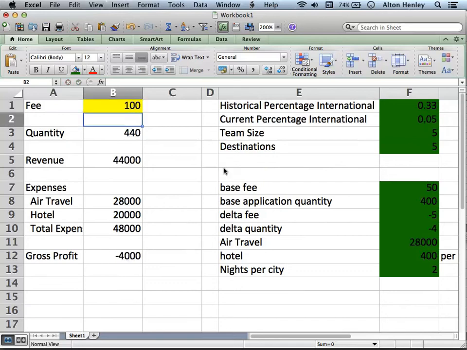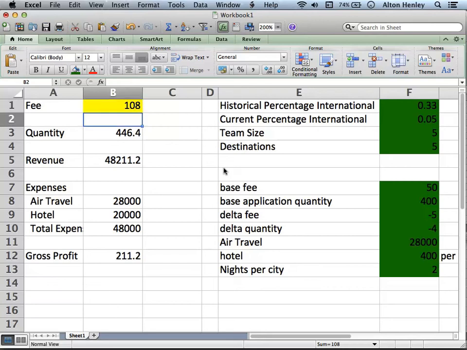100, no. 105, getting there. 110, okay. 107, 108. So somewhere between 107 and 108 gives us the lowest fee that we could charge and still break even on the trip.